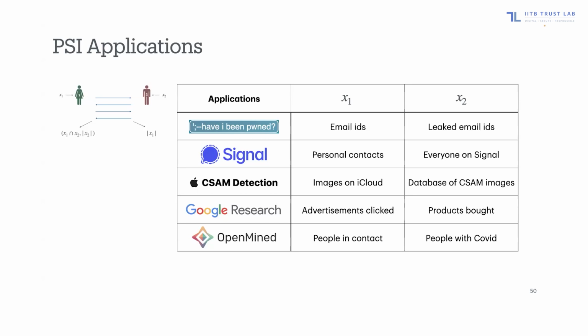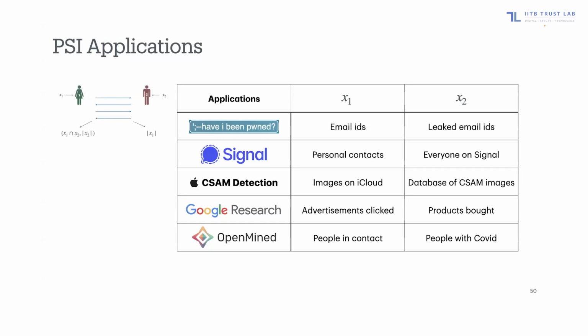Apple uses private set intersection for its child sexual abuse material detection service, to restrict users from having CSAM material on iCloud.